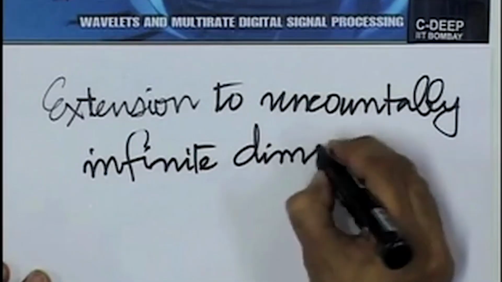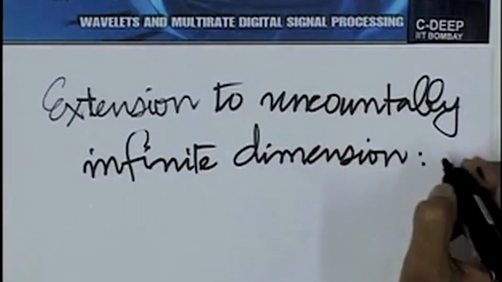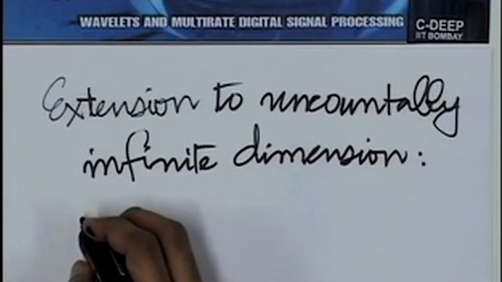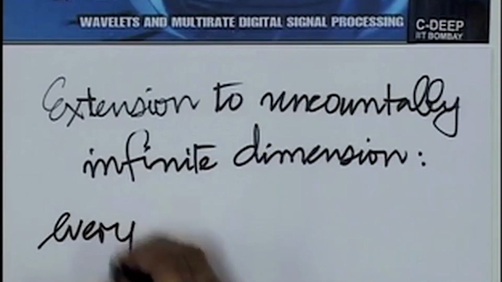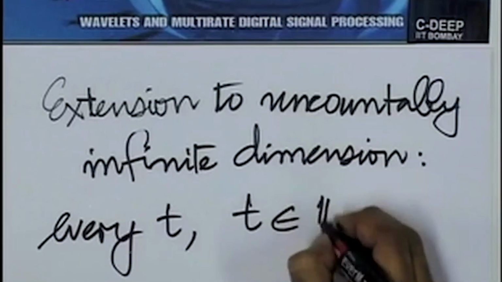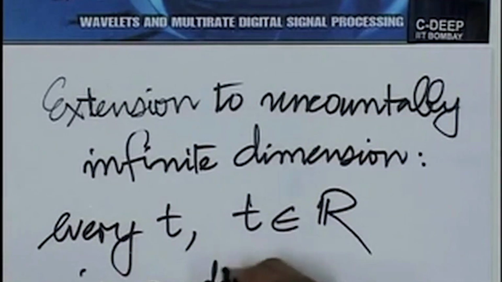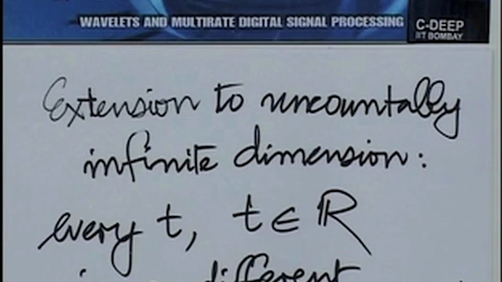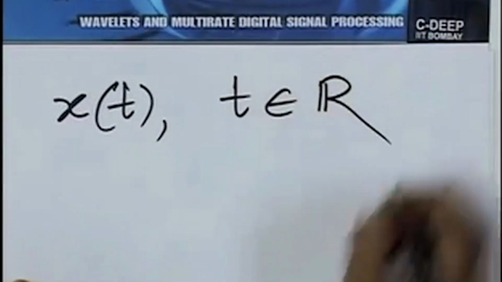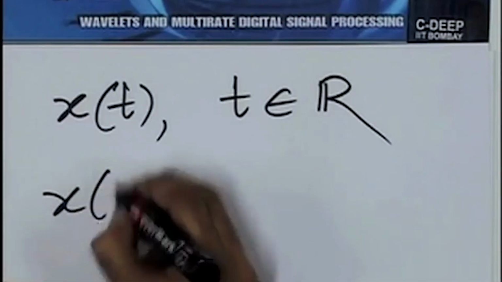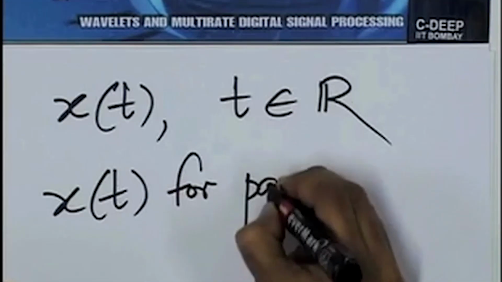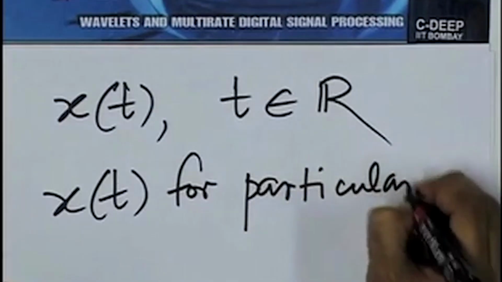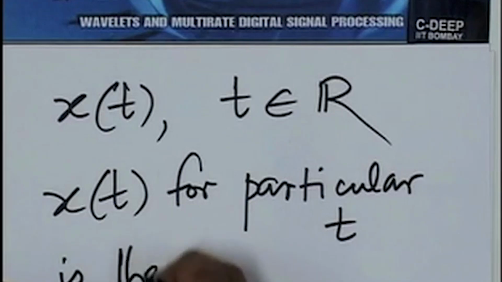Well, this is going to be very difficult in general, but very easy in particular if we simply accept that every t for real t is a different dimension. Simple. So, if you have a function x of t over the real numbers, x of t for a particular t is the tth coordinate, so to speak.